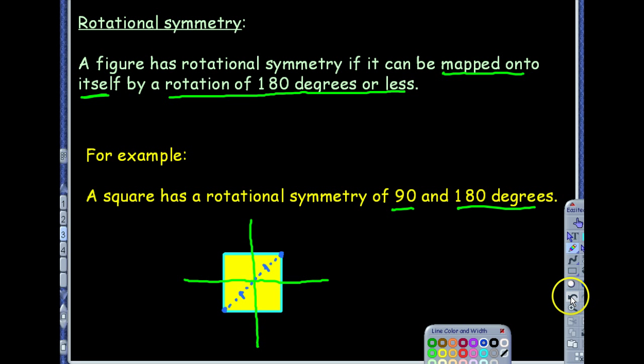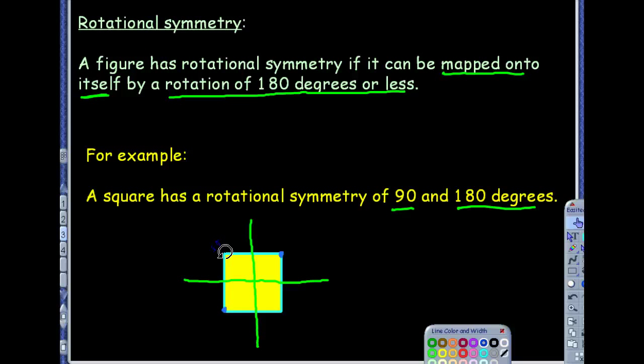Now, why do they give you a restriction of 180 degrees or less? Well, if I had done 90 degrees clockwise instead of counterclockwise, so if I'd started here and went this direction, that would be the same thing as 270 degrees counterclockwise. Because they'd be the same, when they say just 90 degrees rotational symmetry, it could be either direction.